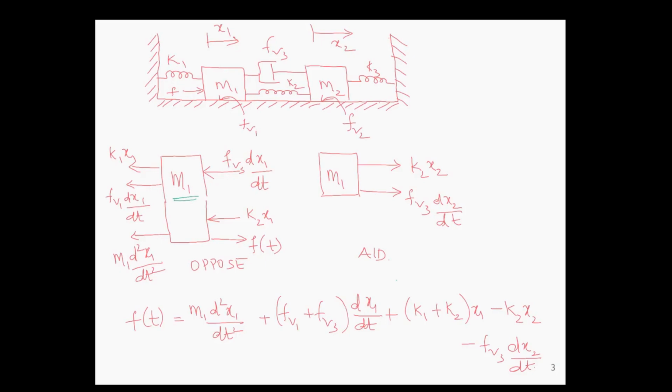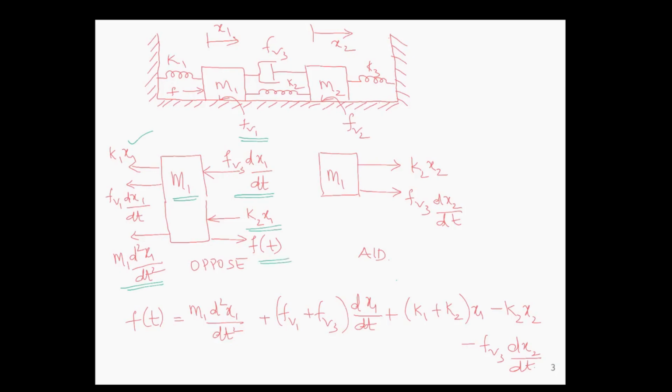There are forces acting on M1 due to the spring, that is K1 x1, due to the damper, FV1, so FV1 dx1 by dt, due to the mass M1 itself, M1 d square x1 by dt square, due to the damper attached between M1 and M2, FV3, so FV3 dx1 by dt, due to the spring constant K2, K2 x1, and the force F of t.